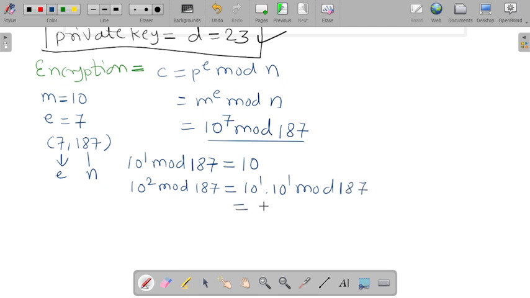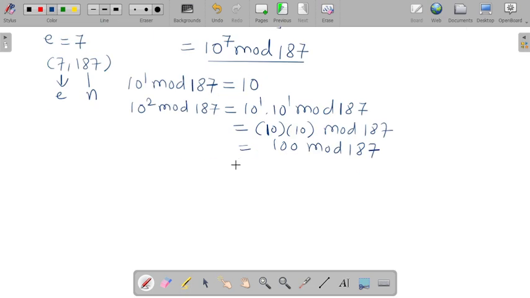And we will get 10 into 10 mod of 187. So 100 mod of 187, we will get the value, that is, we can write it as 100 as the answer, or else 100 minus 187, you can consider here as minus 87. So you can put both the answers here.